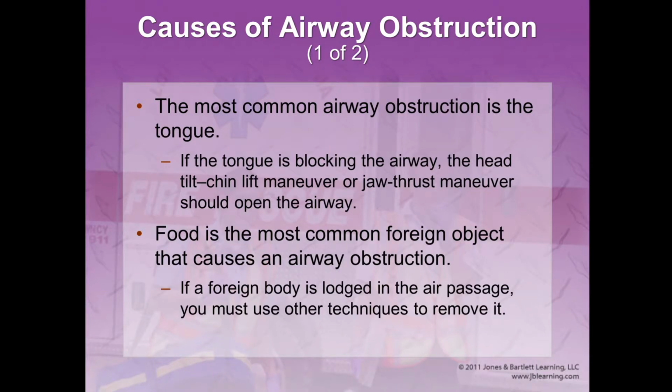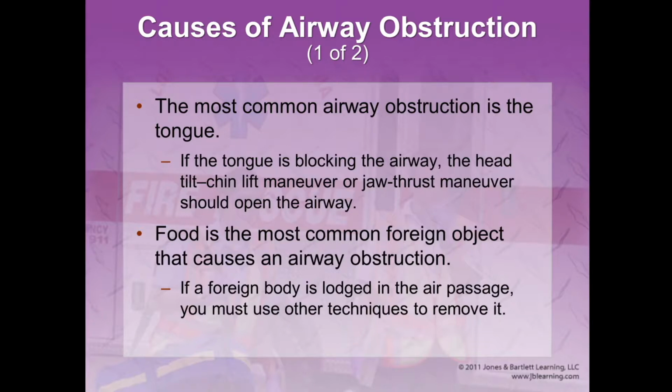The most common airway obstruction is the tongue in general, so we want to open their airway, like we've already said. In kids, we are more suspicious of them putting something in their mouth and having it be a foreign body obstruction, so keep that in mind. Utilize your finger sweeps if applicable.